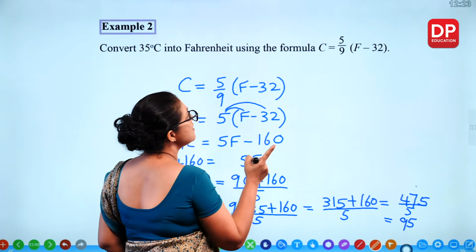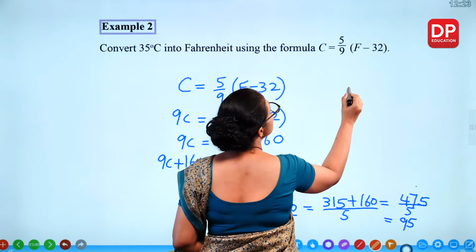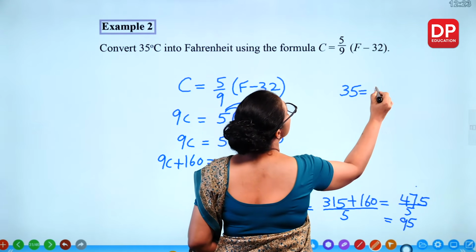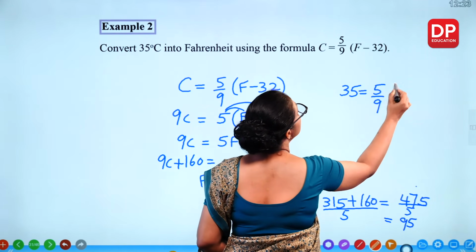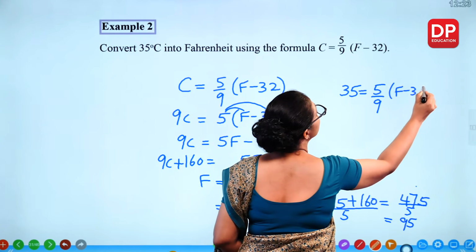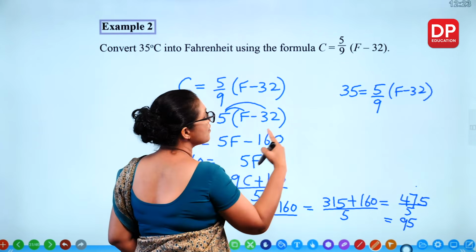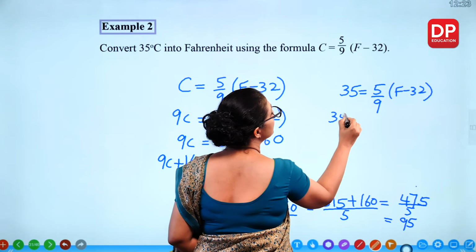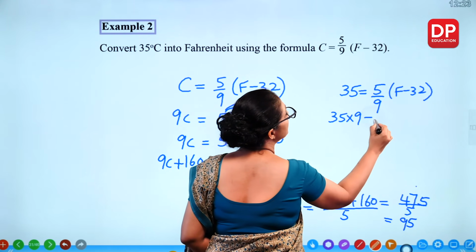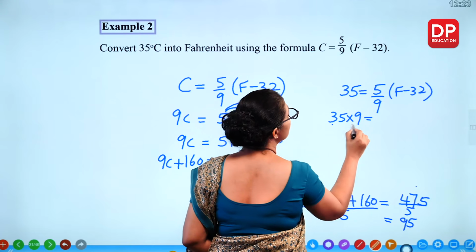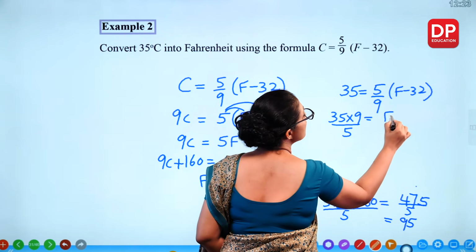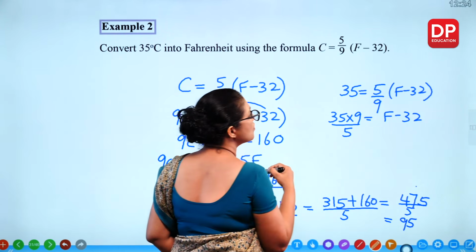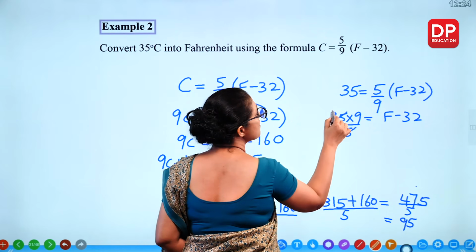We'll do other way around. We'll see which method is easy. If C is 35, 5 over 9 here, F minus 32. So you can multiply by 9 first and divide by 5. That's F minus 32. Here we can see 5 times 7.